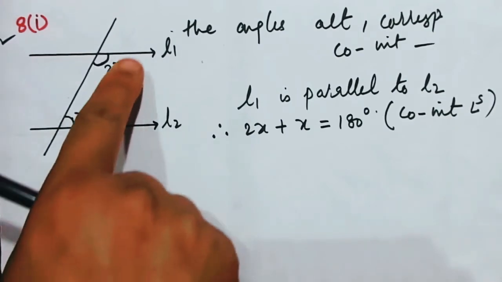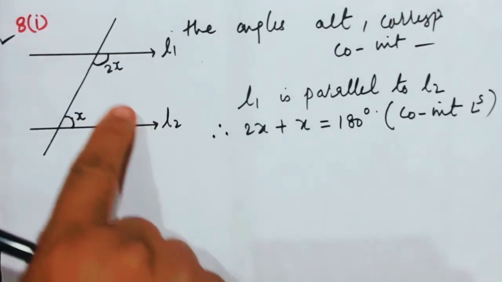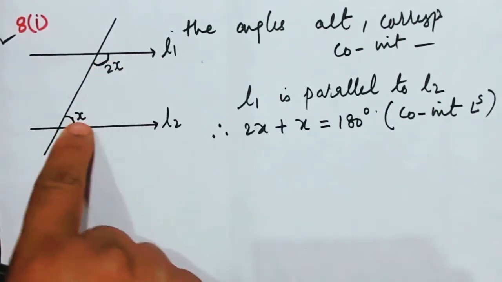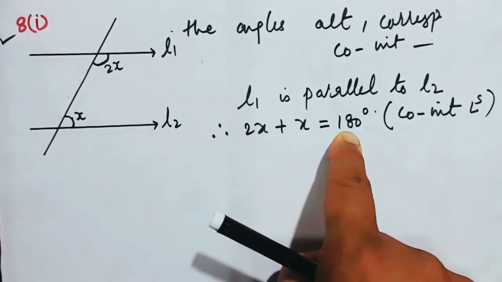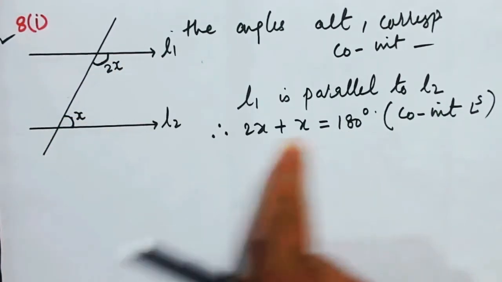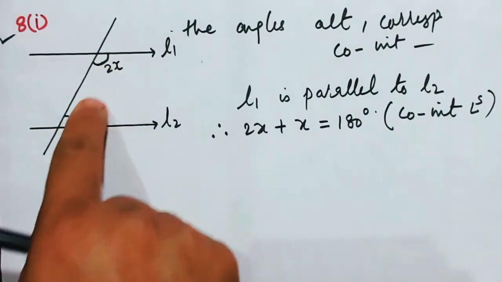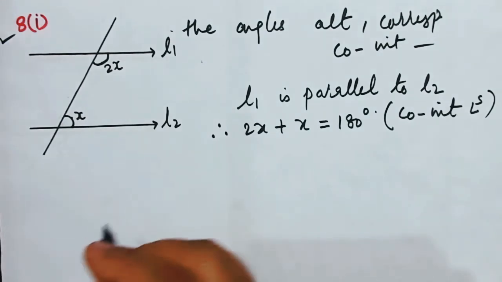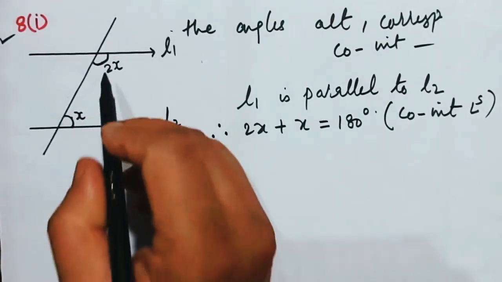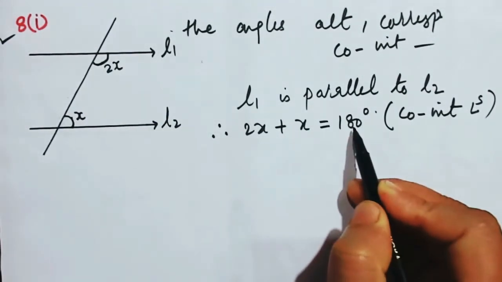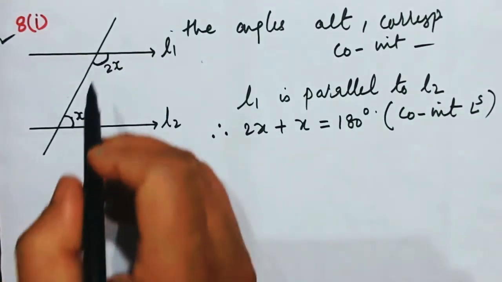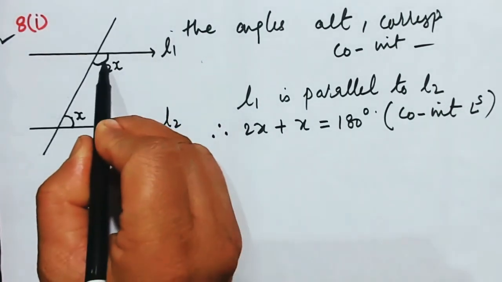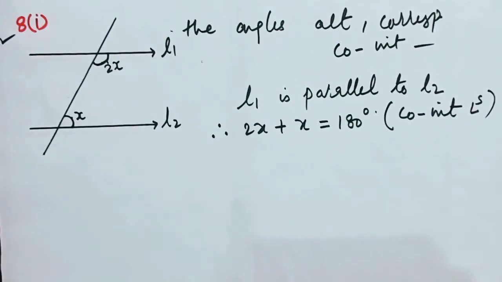Once again, when the lines are parallel, then the sum of the co-interior angles is equal to 180 degree. These co-interior angles will never be equal, but their sum can be equal to 180 degree. They can be equal only when one of them is equal to 90 degree. Clear?